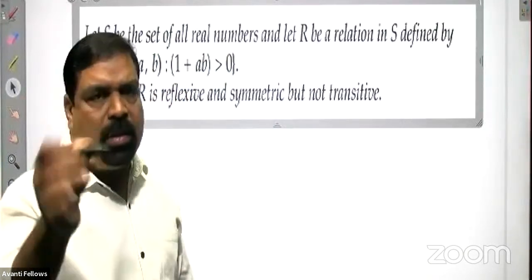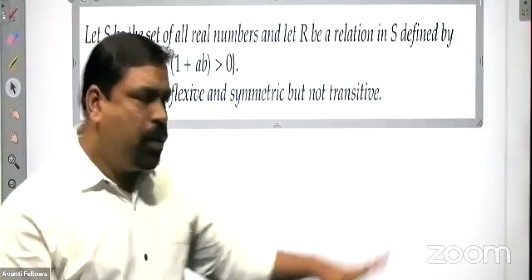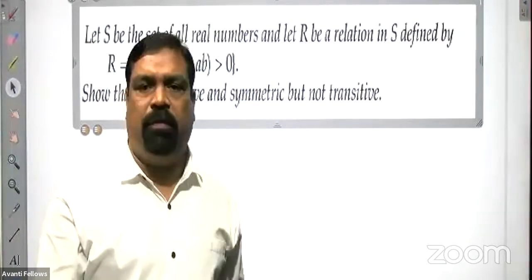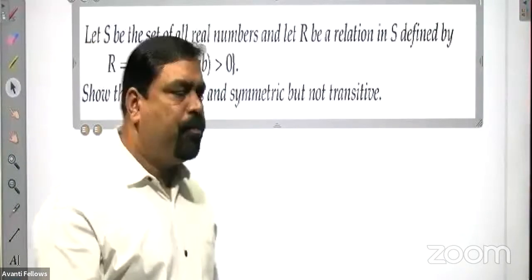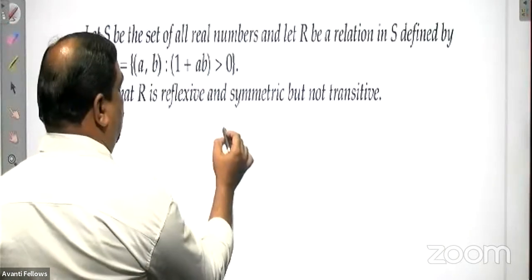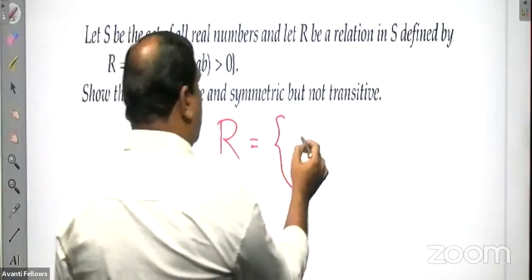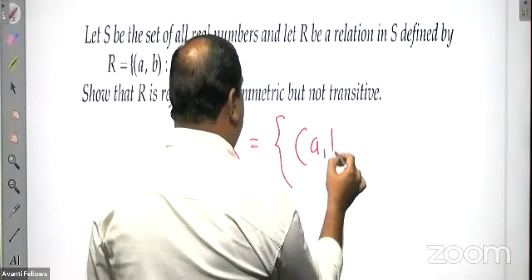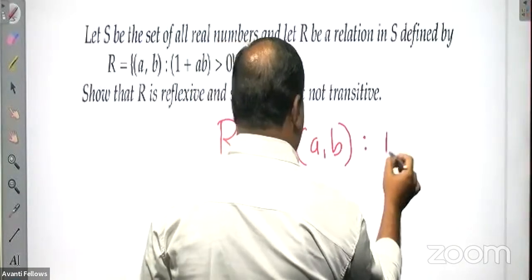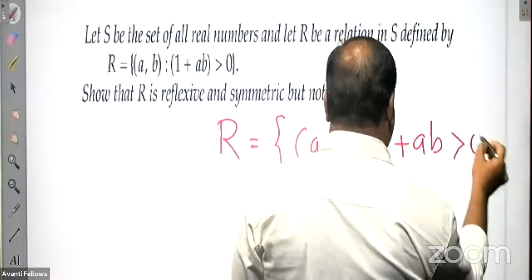What you have to do is very clearly given in the question. Show that it is reflexive, show that it is symmetric, and it is not transitive. The relation says that A is related to B if 1 plus AB must be greater than 0.